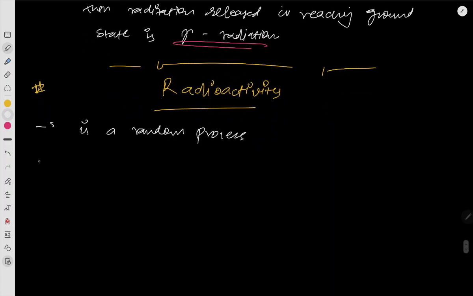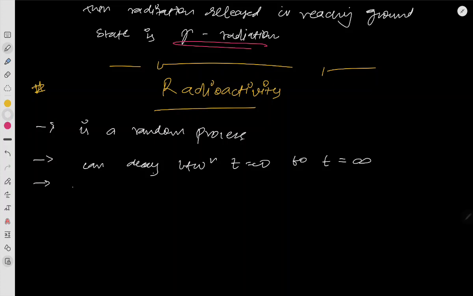And a radioactive nucleus can decay anywhere from its time of birth till infinity. And we cannot predict the time of radioactivity, like it would show decay at this time or like that.